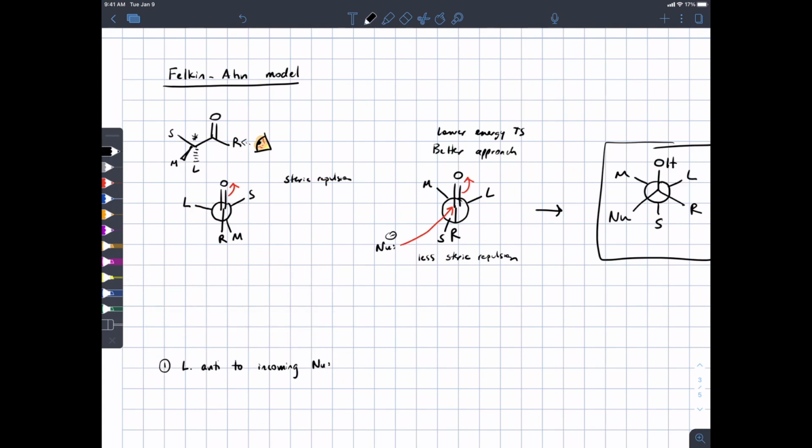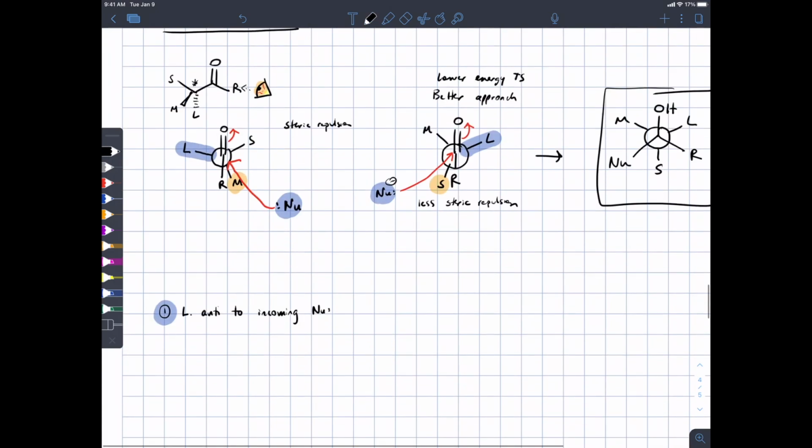The nucleophile must approach along the Bürgi-Dunitz angle, and that's going to require it to be close to whatever this group is. Okay, so step one is the large group needs to be anti to the incoming nucleophile. And then step two is consider the two faces.